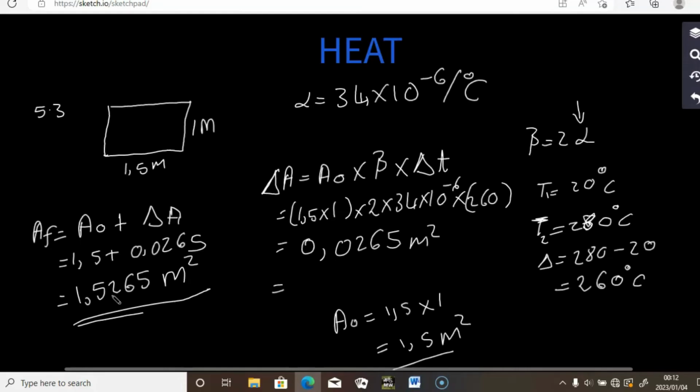That will be the final area. The final area is equal to the original area plus the change in area.